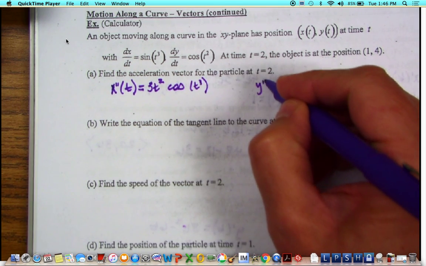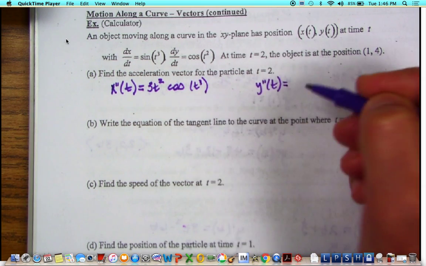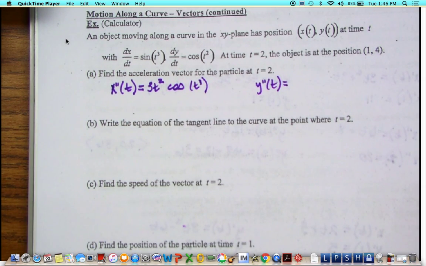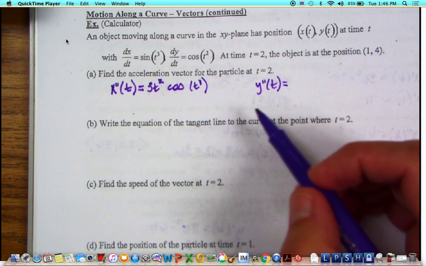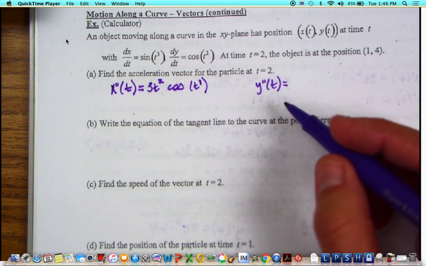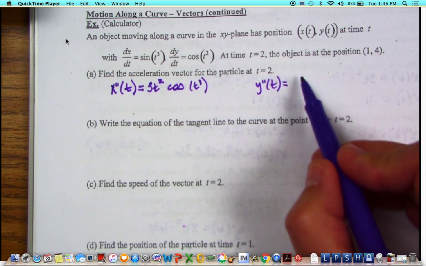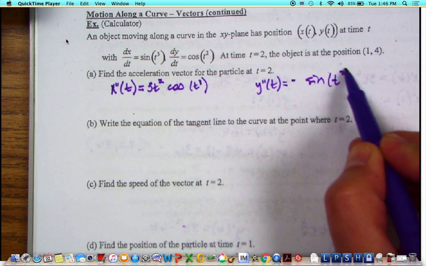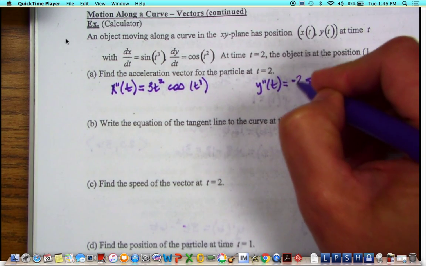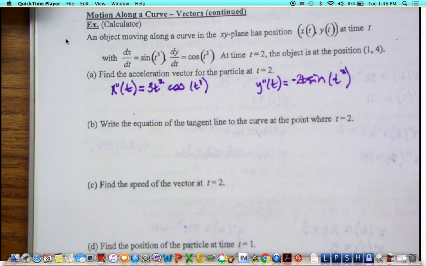And then my y double prime at t, right? This is like your peanut M&M thing. So the derivative of cosine is negative sine t squared, but then you have to multiply that by 2t, right?